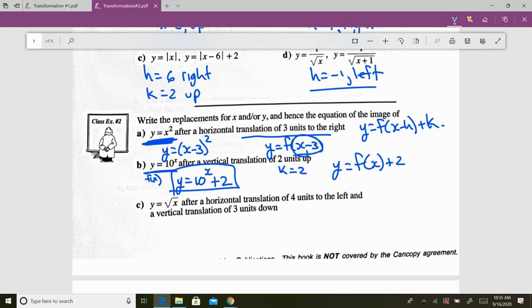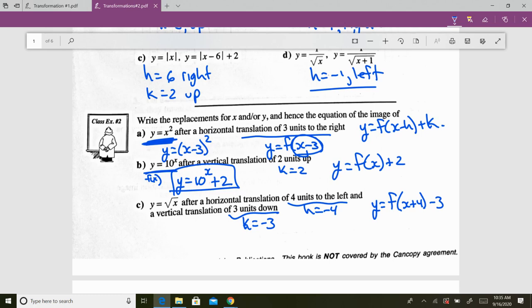And last, or not quite the last one, but root x, horizontal translation, 4 units to the left. So that is an h value of -4. Vertical translation, 3 units down, which is a k value of -3. Which means our general formula, you don't have to write the general formula every time, I'm just trying to tie it together for you, is f of x plus 4 minus 3.